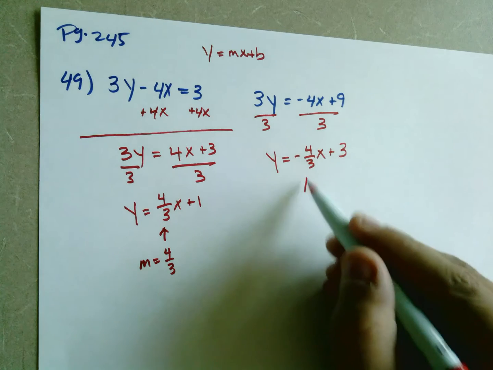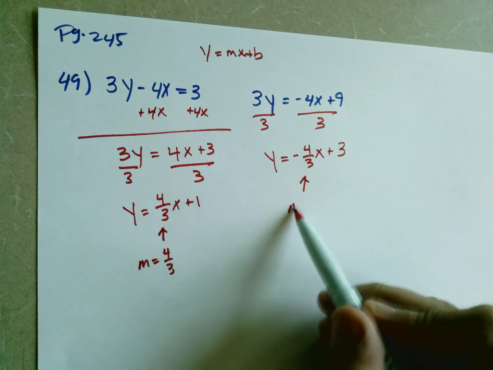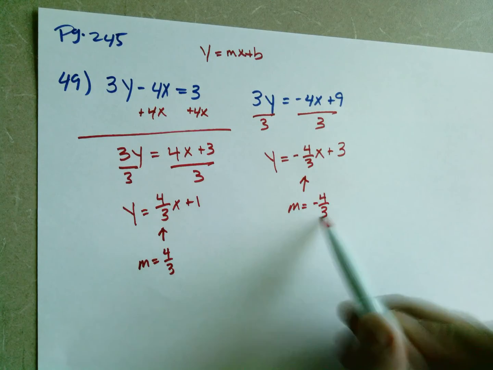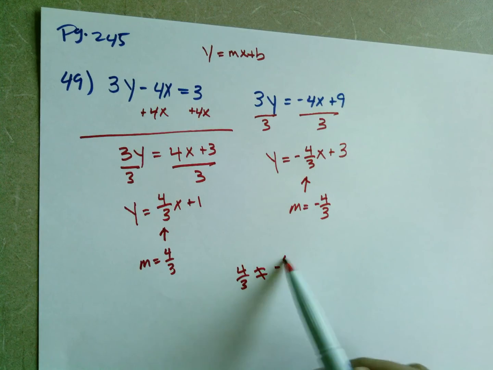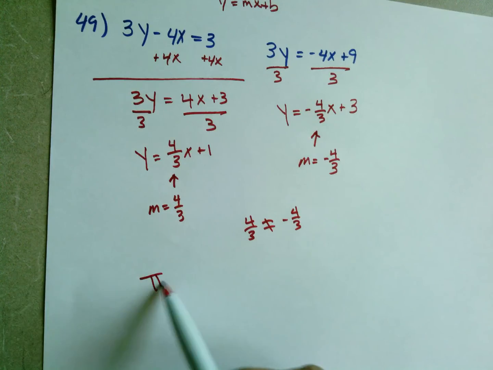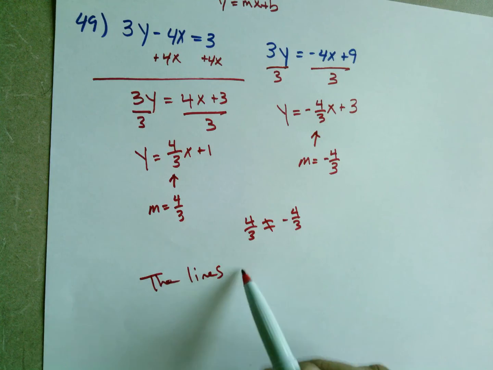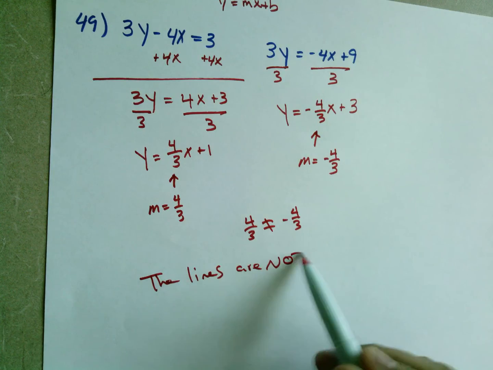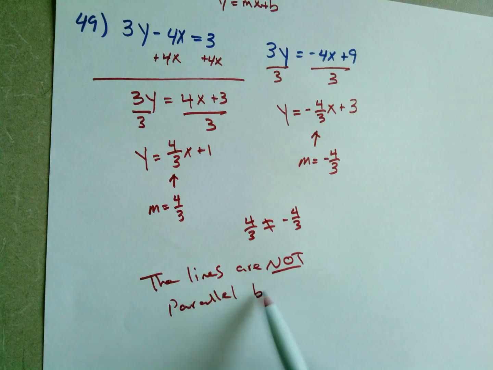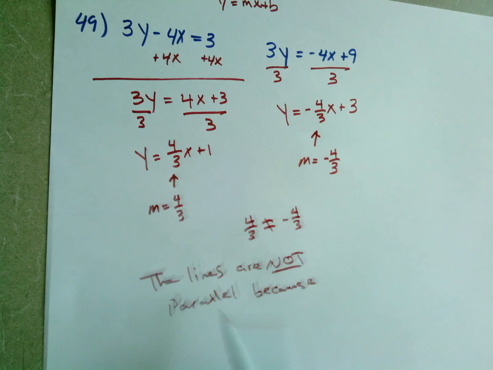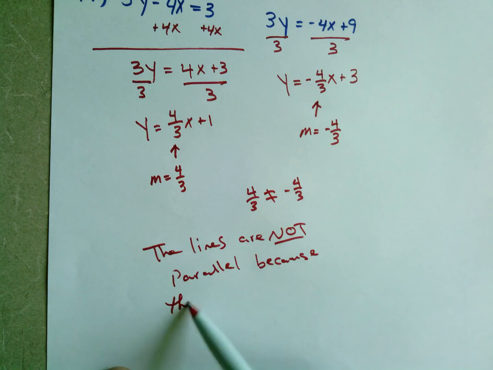And here, my m is equal to negative 4/3. Well, I know that 4/3 does not equal negative 4/3. So the lines are not parallel here, because the slopes are not the same.